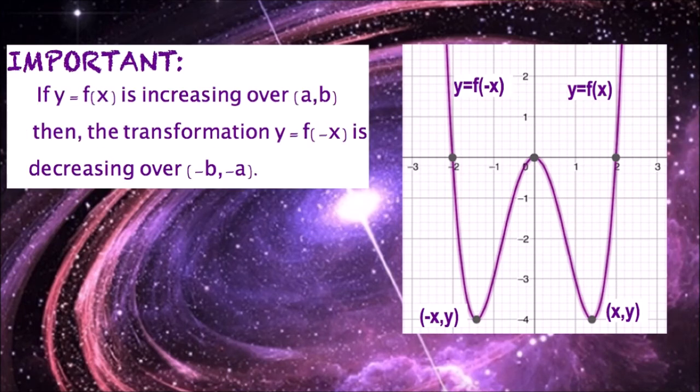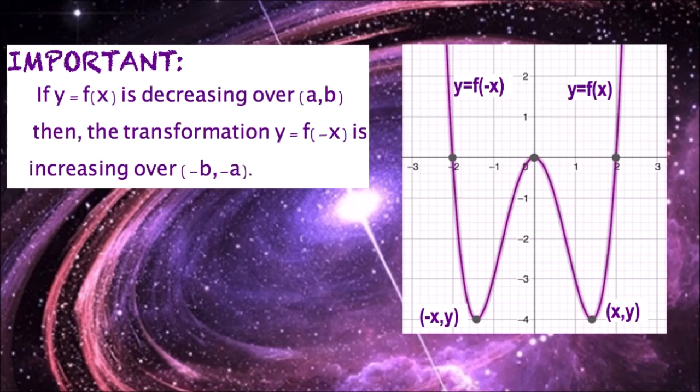Important: if y equals f of x is increasing over open interval a, b, then the transformation y equals f of negative x is decreasing over open interval negative b, negative a. If y equals f of x is decreasing over open interval a, b, then the transformation y equals f of negative x is increasing over open interval negative b, negative a.